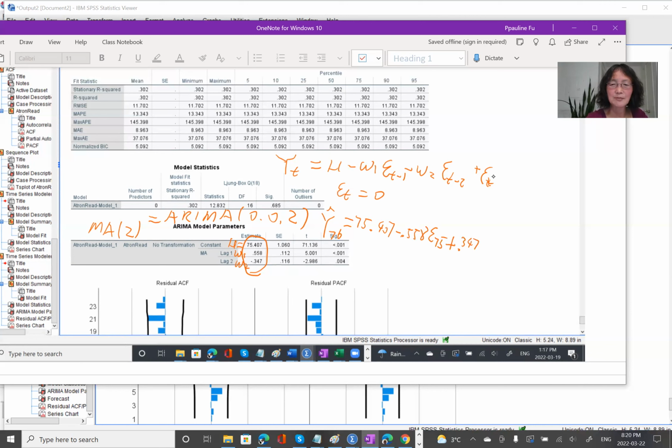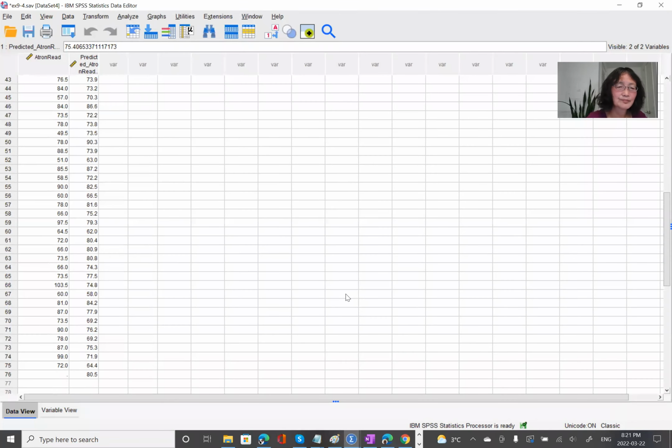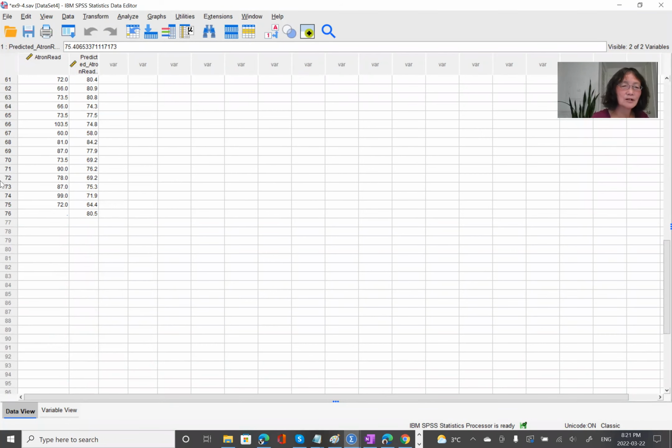0.347 times e74. When we do forecast, we use e, not epsilon: e75, e74. And then how do you know what is e75, e74? Go back to your data. So e75 equal to 72 minus 64.4, and the result is 7.65.